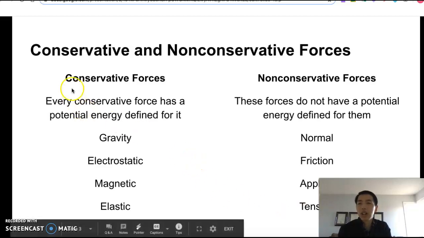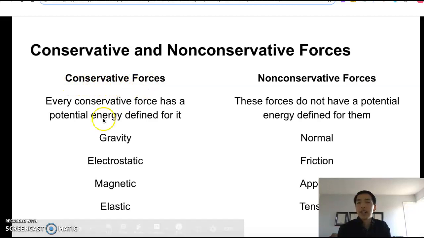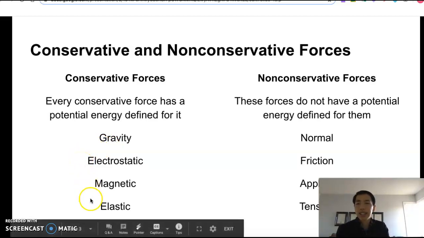For all conservative forces, we have a potential energy that we define for it. So gravitational potential energy has been defined for the force of gravity because gravity is considered a conservative force. And there's three others: electric, magnetic, and elastic.